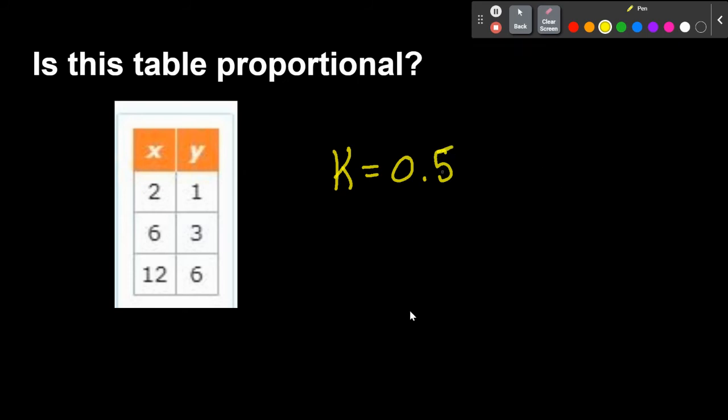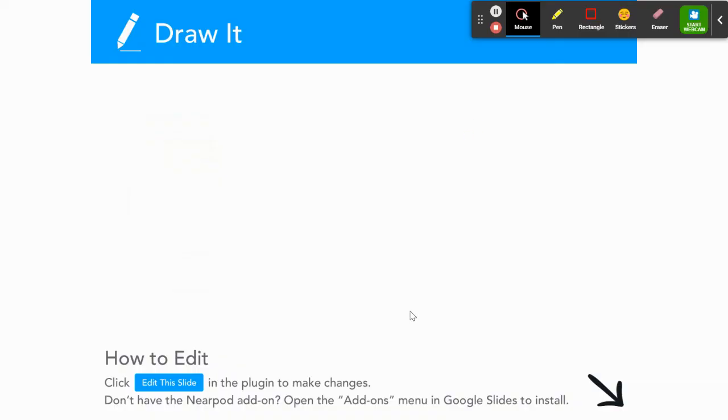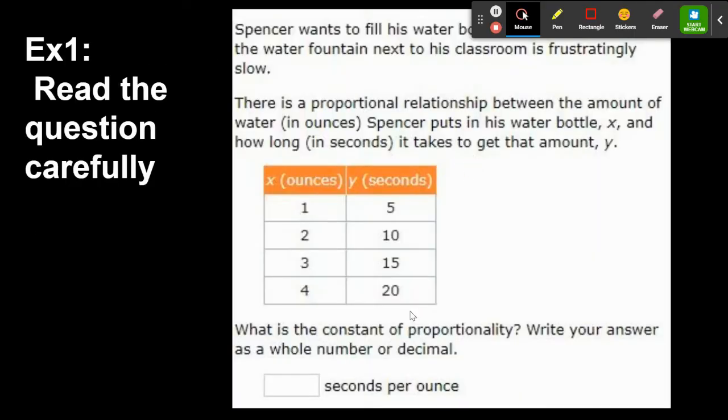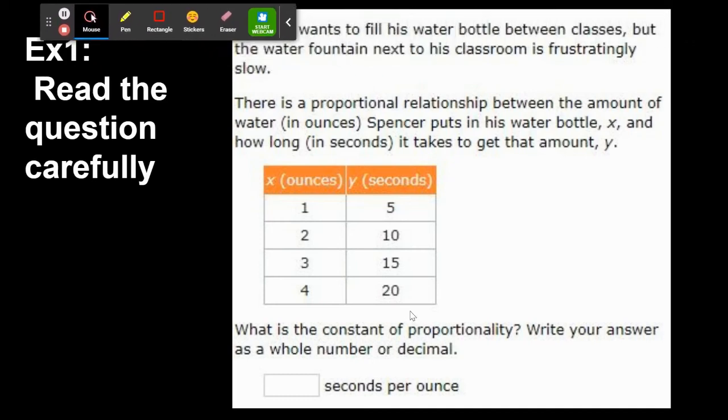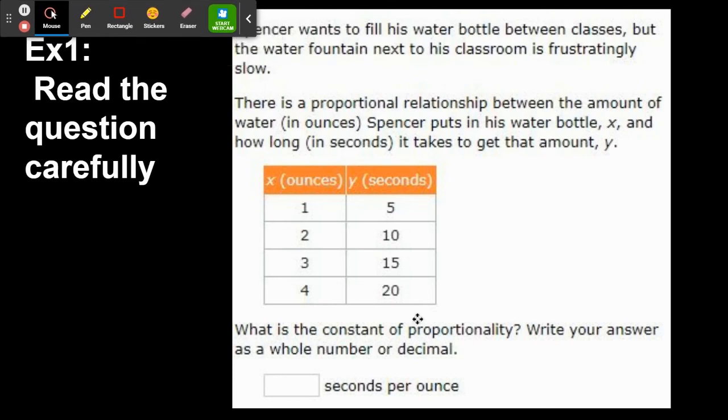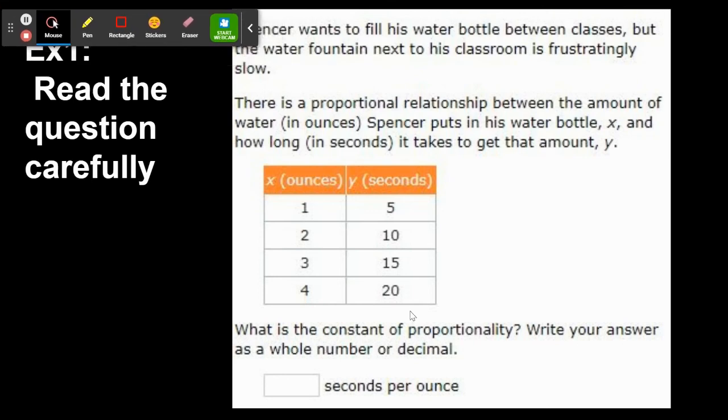Now, we only have a constant of proportionality if the table is proportional, if we are talking about a proportional relationship. Let's see what that's going to look like for you in IXL. Don't be too worried about all this wording. Most of it is just in case you want to read a little bit, giving background information.